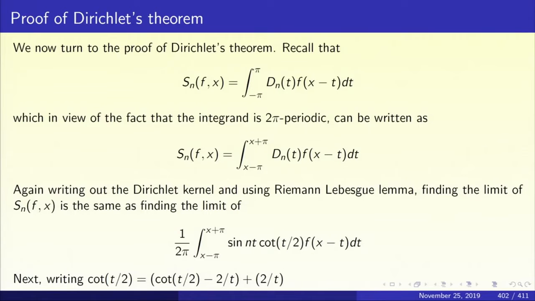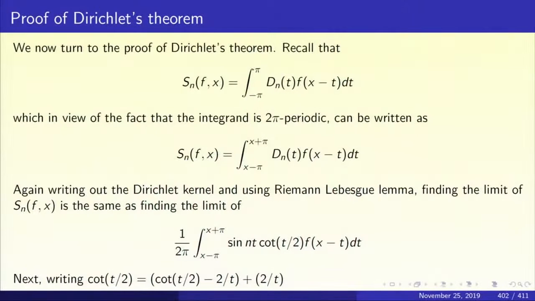Now we are finally ready to go to the proof of Dirichlet's theorem. So we recall right from the first module that the nth partial sum of the Fourier series for f, S_n f(x), is given by the integral from minus pi to pi of D_n(t) f(x minus t) dt, where D_n is the Dirichlet kernel.